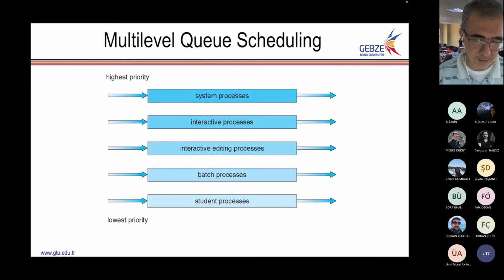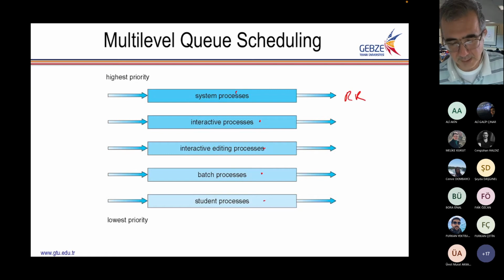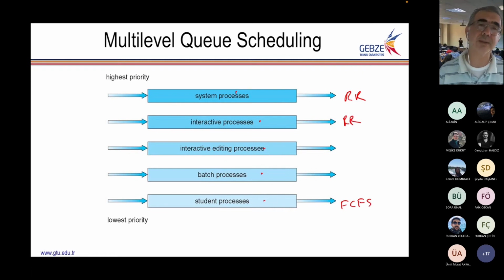You have system processes, interactive processes, editing processes, batch processes, and other processes. With the highest priority, this is round robin, and this is first come, first served. This is also round robin, and this may be shortest remaining job first. They can have different algorithms on different queues.